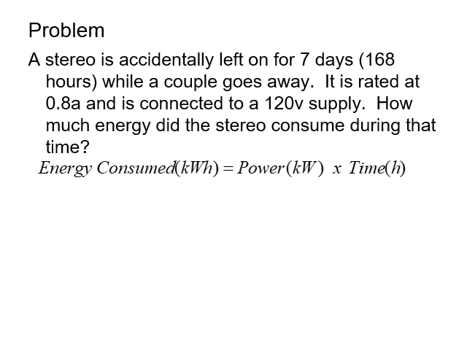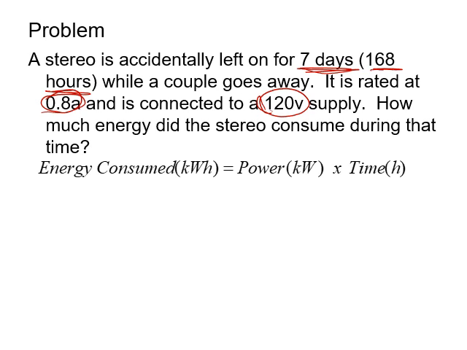All right, next problem. A stereo is accidentally left on for 7 days, pretty long, 168 hours, while a couple goes away. It is rated at 0.8 amp and is connected to a 120 volt supply. How much energy does the stereo consume during that time?